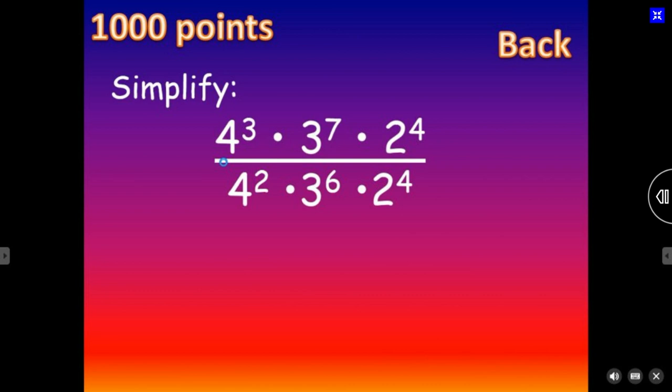What's 2 to the 4th divided by 2 to the 4th? No. I gave you scratch paper to work these out. If you just want to expand it all out, cancel it, and work with what's left.